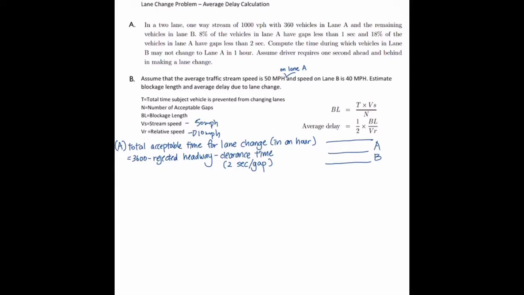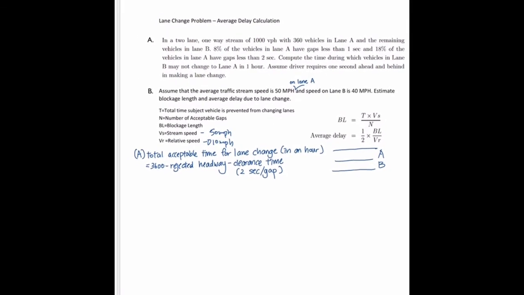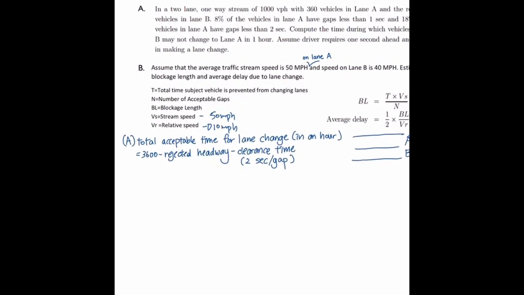So what this is asking is to calculate the times that drivers from lane B cannot change to lane A due to the short gaps. The equation here is pretty simple. Total acceptable time for lane change in an hour is equal to 3,600, which is 1 hour in seconds, minus rejected headway and clearance time.